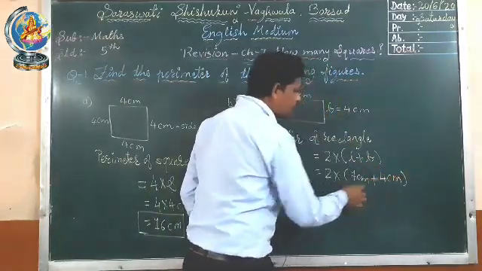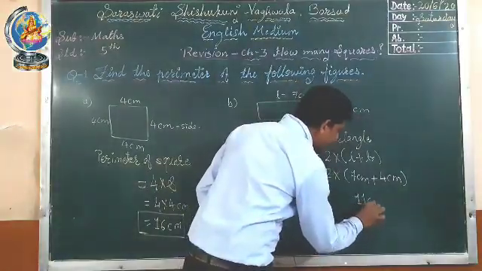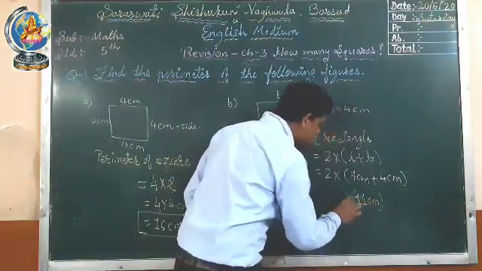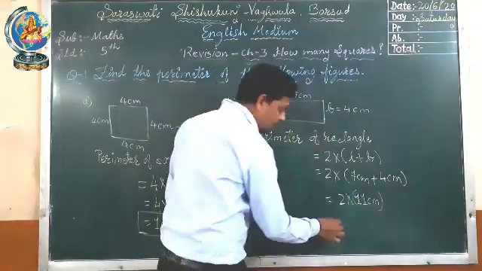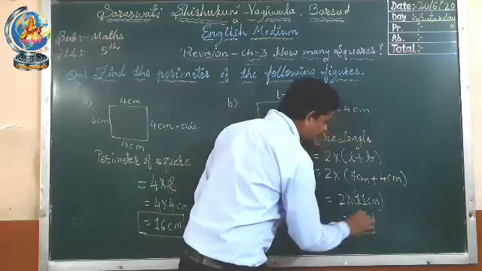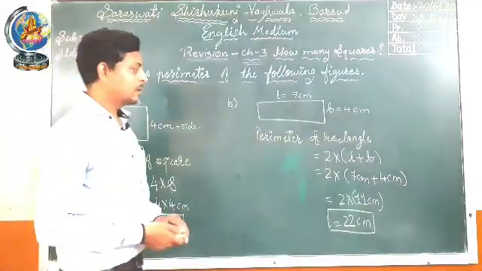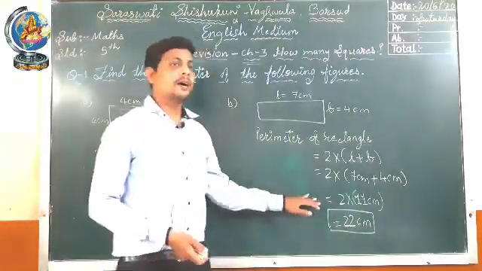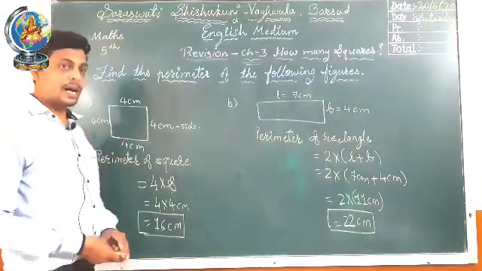So, 7 plus 4, how much? 11. So, 11 centimeter multiplied by these 2. So, 2 11s are how much? 22. So, the answer is 22 centimeter. Hope you understand how to find the perimeter of a square and the perimeter of a rectangle.